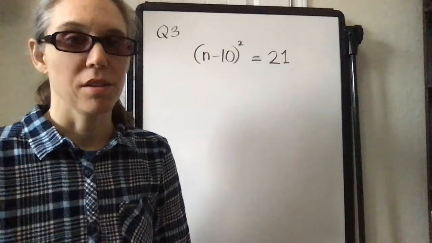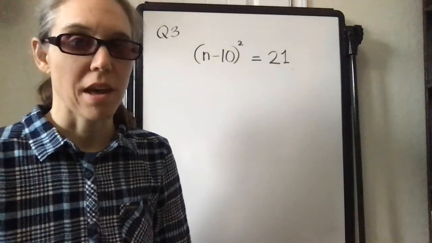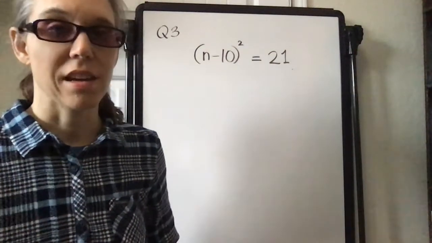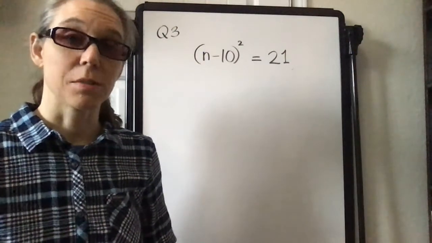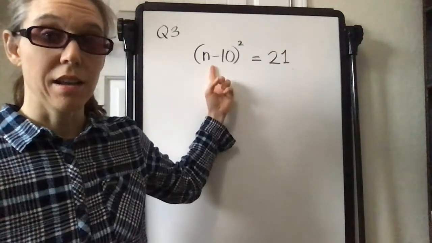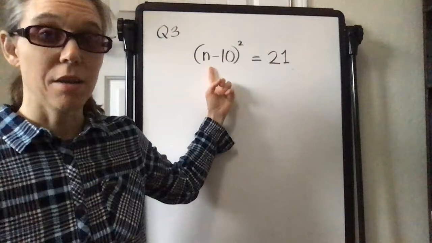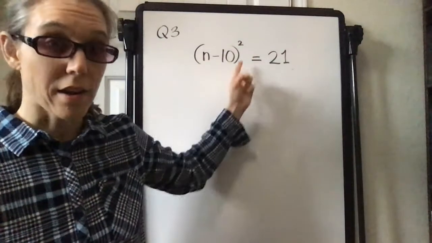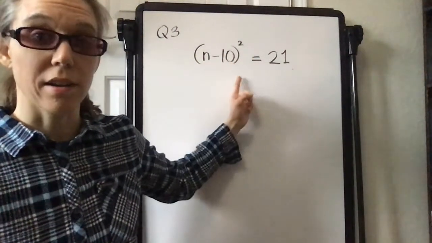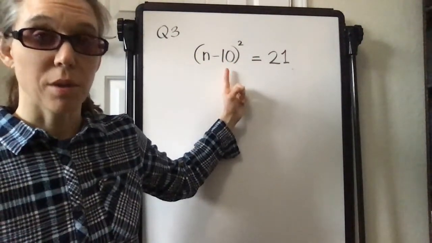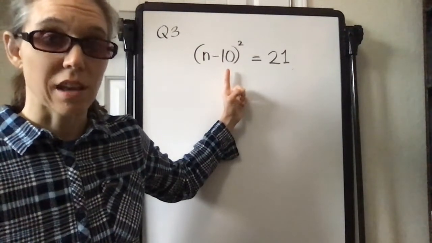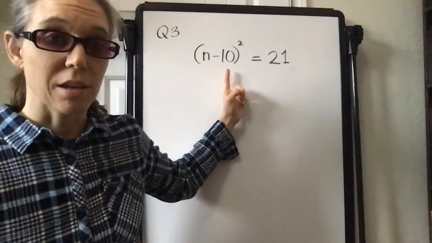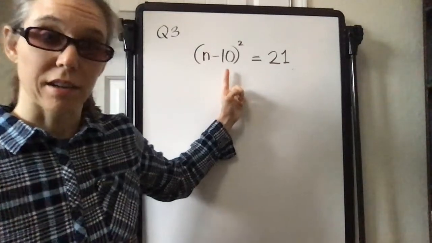The next problem is question 3 from the MyOpenMath. Here you'll notice that instead of a variable squared, we have an entire expression, n minus 10. n minus 10 squared, quantity squared, is a perfect square, and it's already isolated. It's already by itself. So we actually apply the square root property here in this first step.